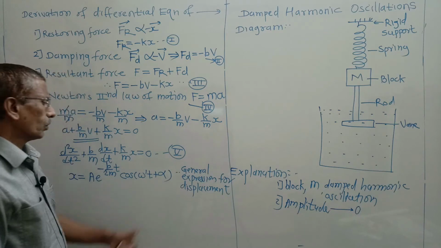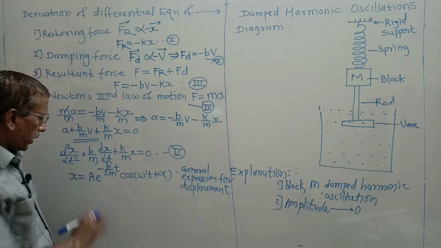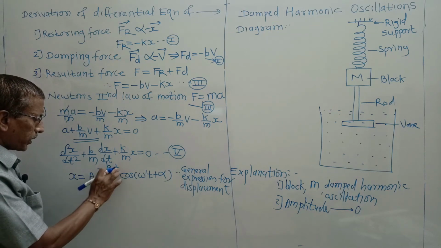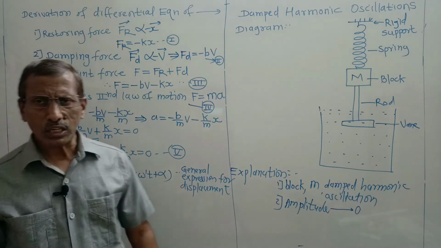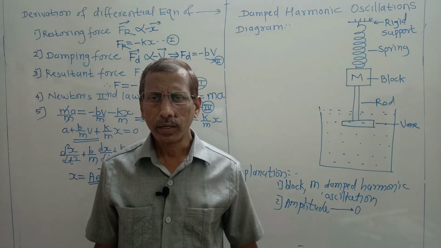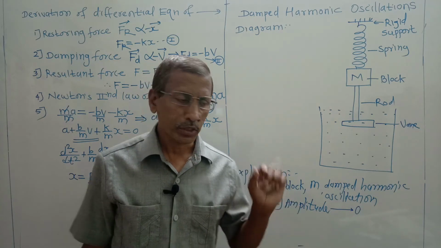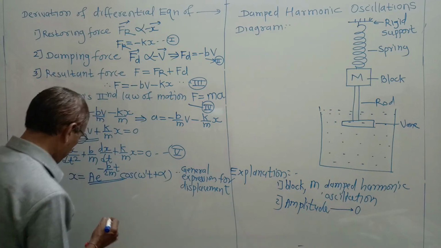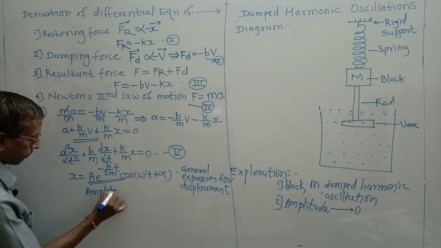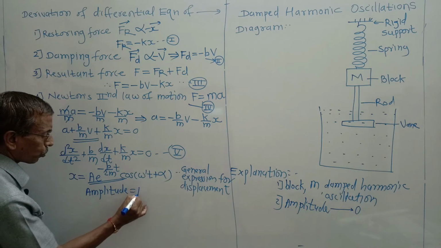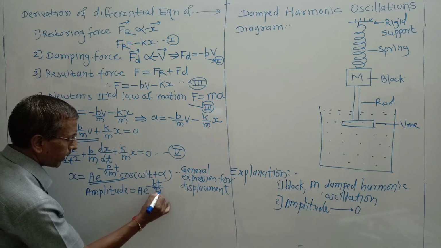Now we have to consider this part, a into e raised to minus bt divided by 2m. This term in the equation represents the amplitude of oscillation of damped harmonic oscillations. So amplitude is equal to a e raised to minus bt divided by 2m.